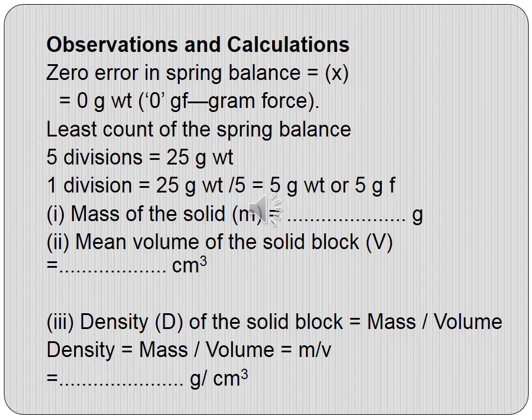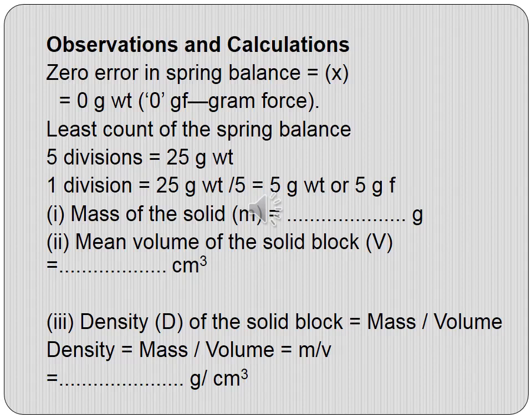And you have to tabulate the mass of the solid in gram, and the mean value of the volume of the solid block, which is the stone, V, in the unit of centimeter cube.